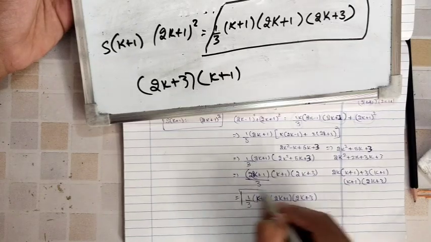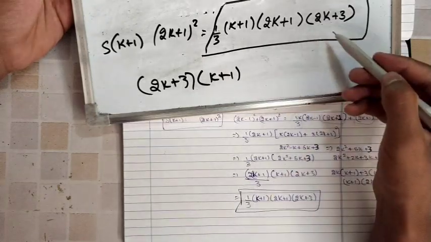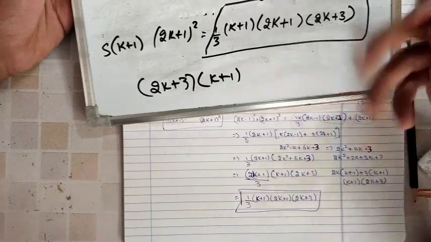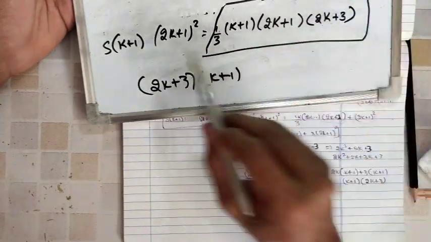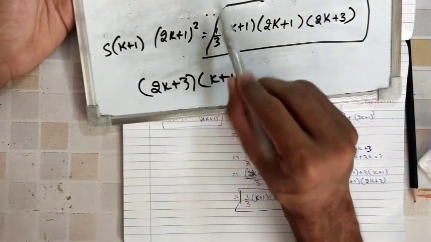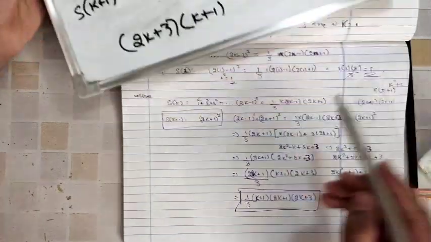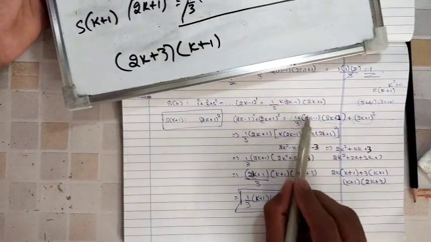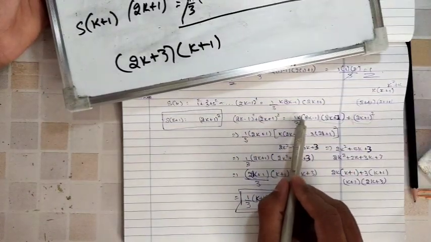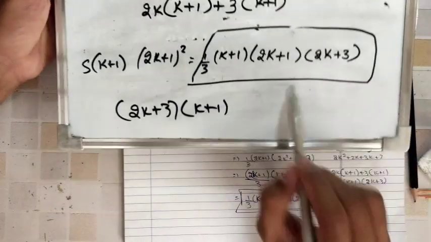Now see this and see this, same, right? This is why I showed you the general plan. You just have to do k plus 1 wherever k was there in the actual given question. Here you just have to make that k as k plus 1 and write it as it is. So it will be like this.